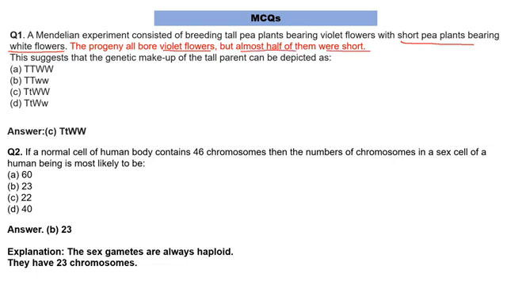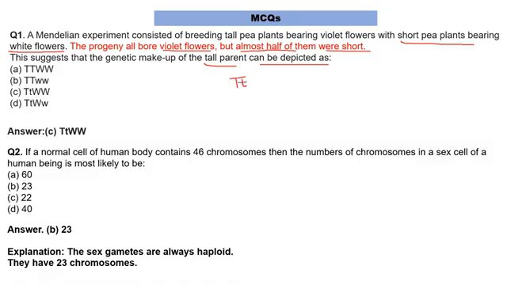So this suggested that the genetic makeup of the tall parents, we have to find out the genetic makeup of the tall parents. Because the progeny has short as well as tall plants, definitely the condition is heterozygous.